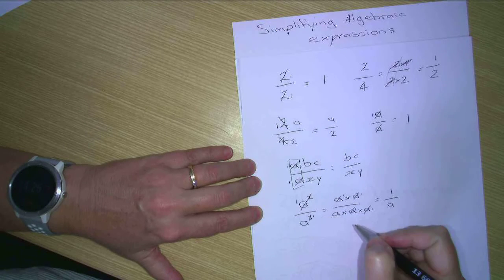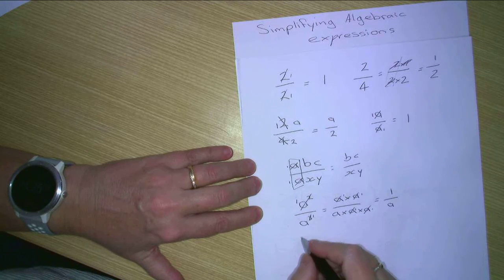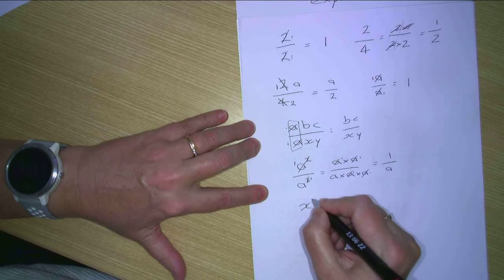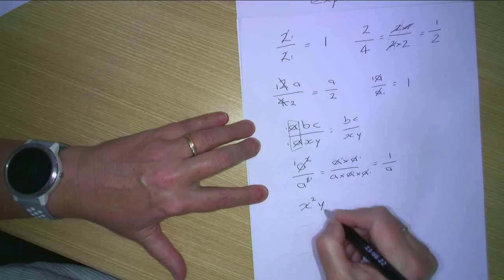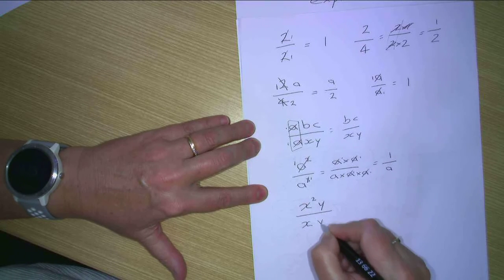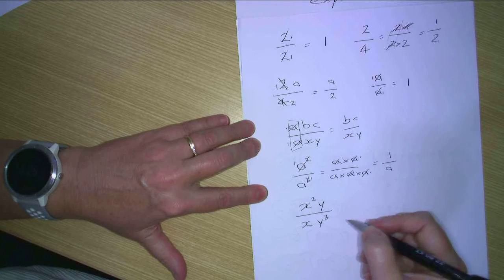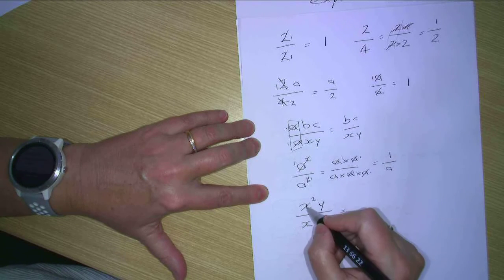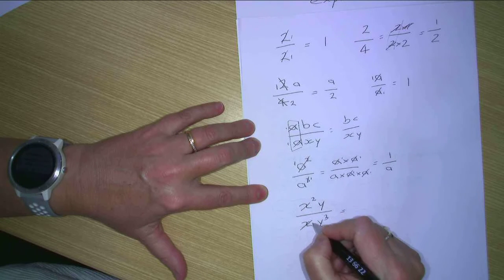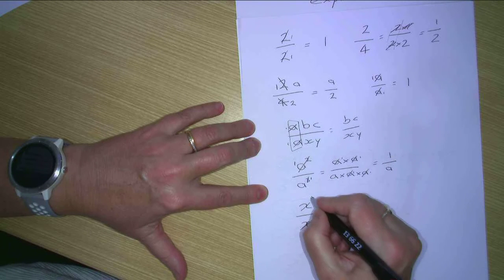Another example, if I have x to the power of 2 y over x y to the power of 3. Here I've got x times x and 1 x on the bottom, so I can cancel this x out, and I can cancel one of these x's out.